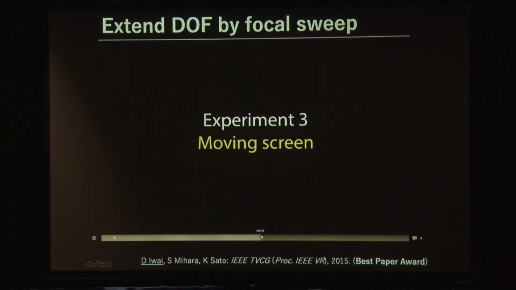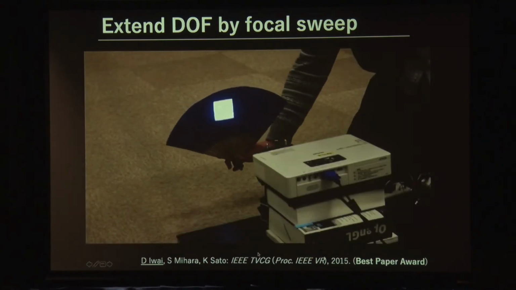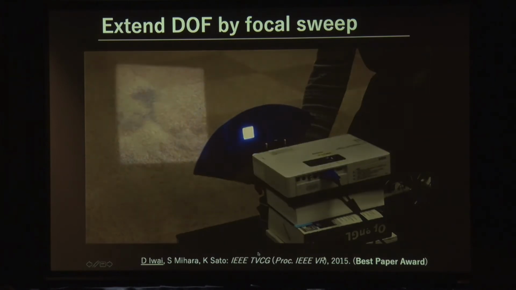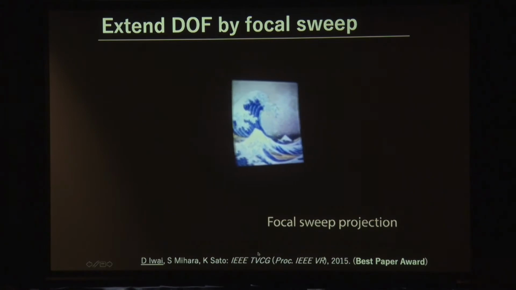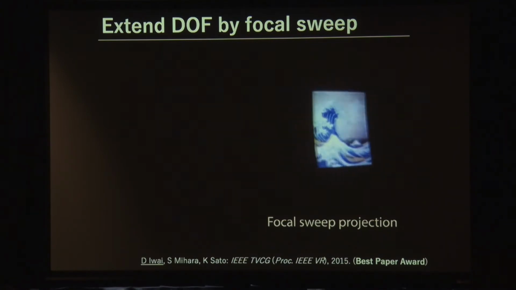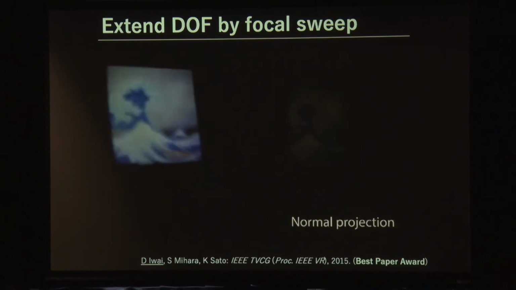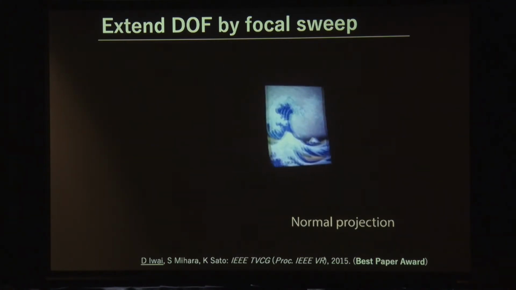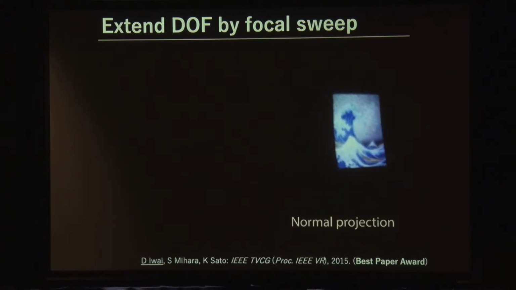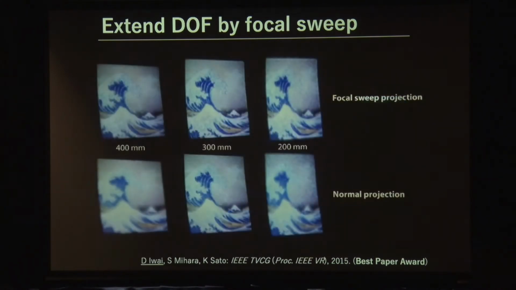Then when I move the screen back and forth in front of the projector, the projected image is always very, very clear in a focal sweep projection, while it quickly gets blurred in a normal projection system. This is the quick comparison.